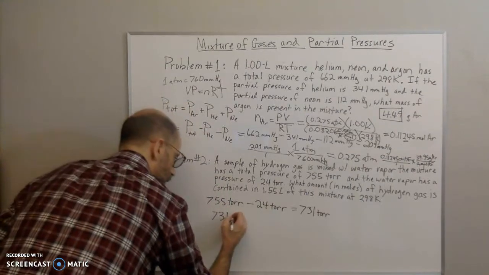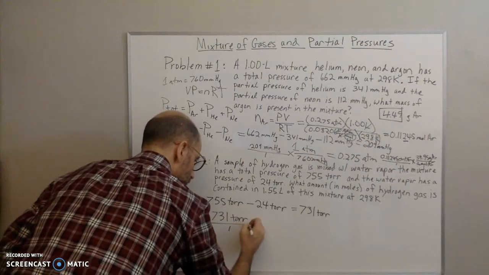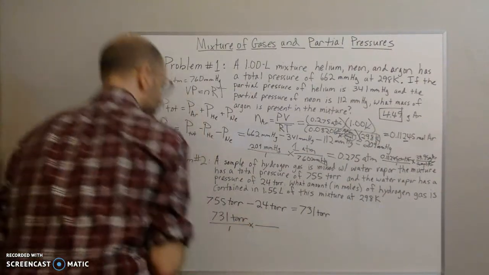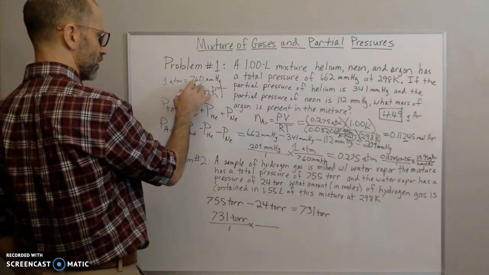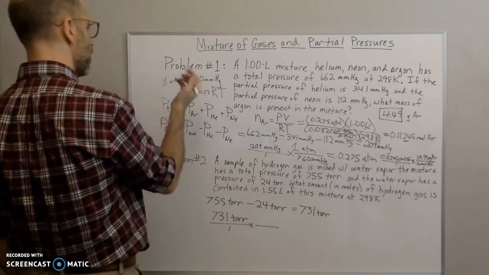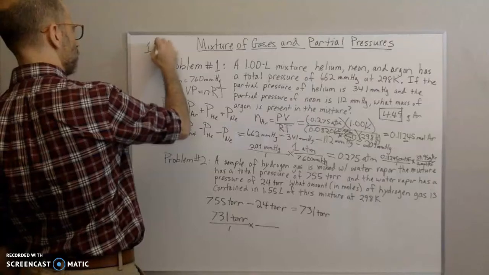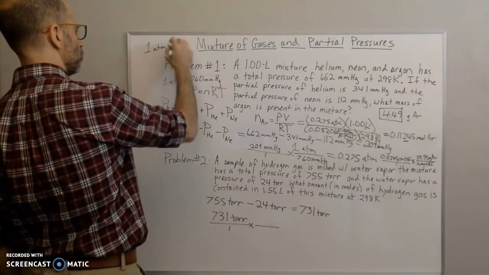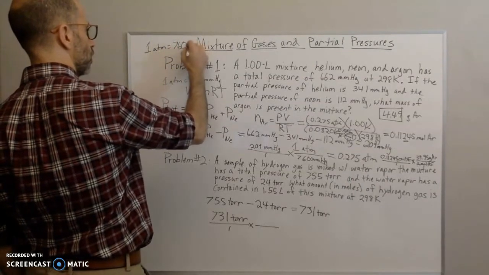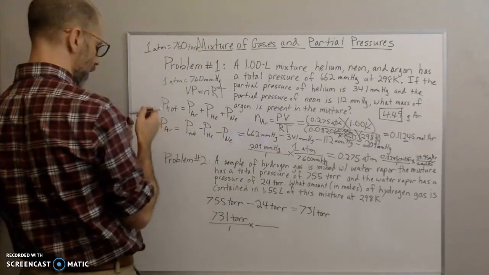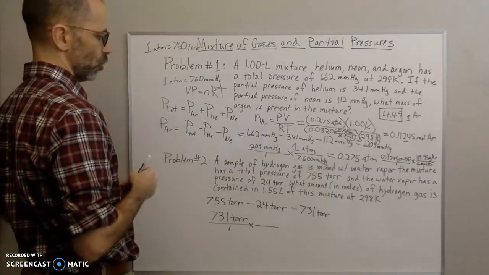731 torr over 1. And I know that 1 atmosphere is equal to 760 millimeters mercury. That is also true for torr. So 1 atmosphere is equal to 760 torr, and the reason for that is because 1 millimeter of mercury is equal to 1 torr.